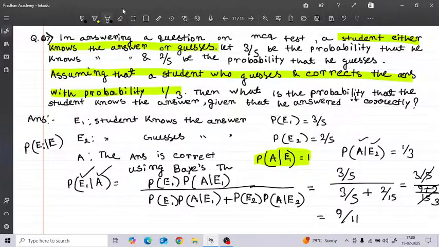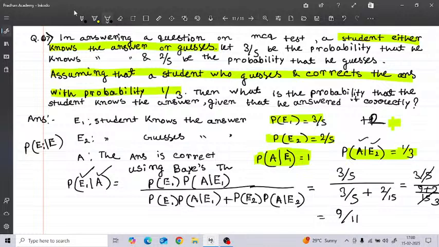Okay, so in the exam, if you write E1, E2, A bar E1 and A bar E2 probability, you will get 2 marks for just writing these 4 probabilities.